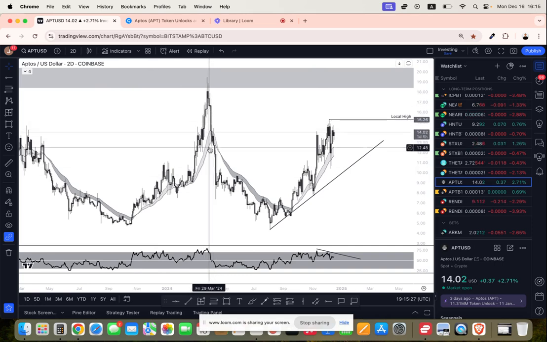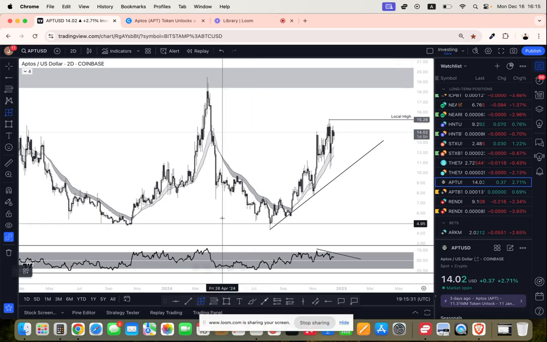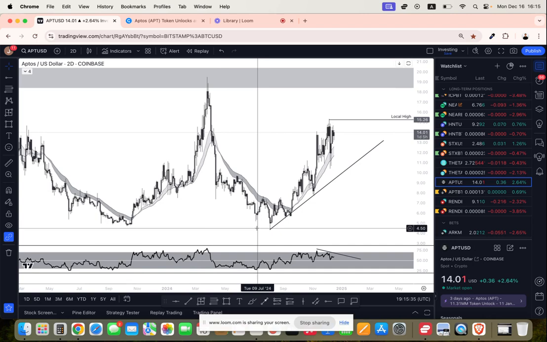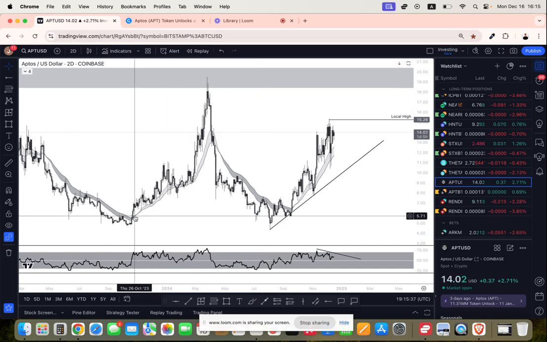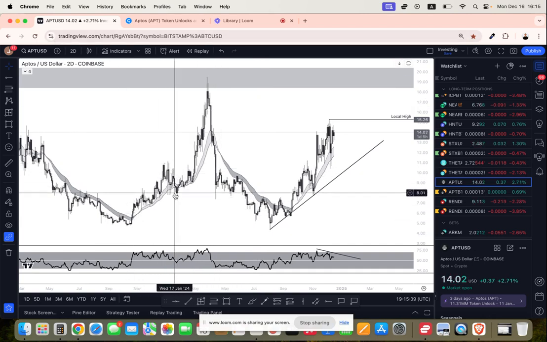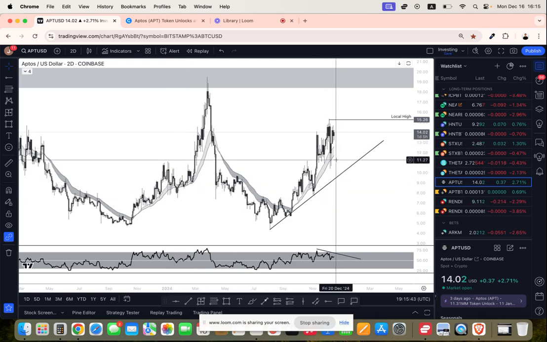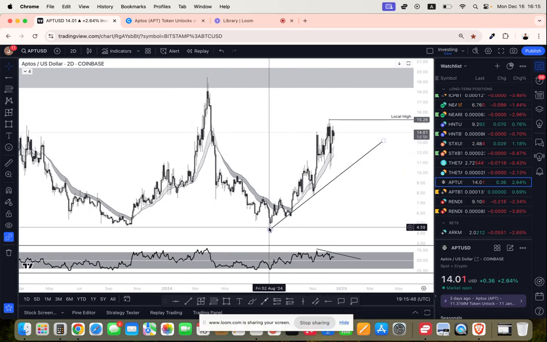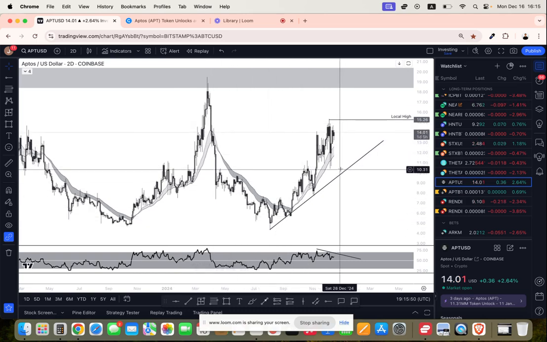When we broke down, we rejected it, and then we continued downwards. You would protect yourself by avoiding losing 65% of your capital, right? So it's definitely worthwhile doing. There are some false signals, but it just means you have to buy back in on the break above again. So I would put your invalidation at $11 to $10 if you see the rejection. But hopefully that doesn't happen, because things are looking bullish right now.